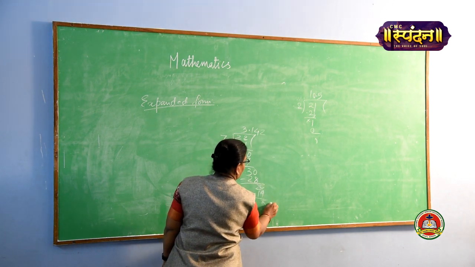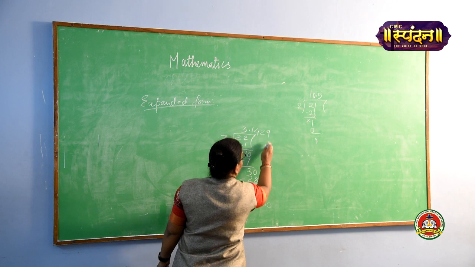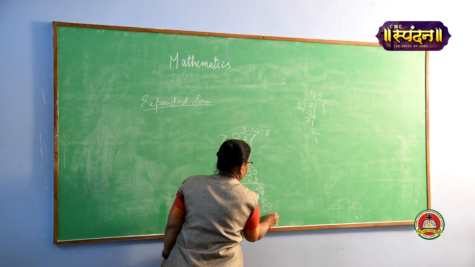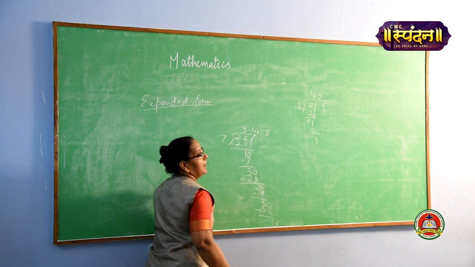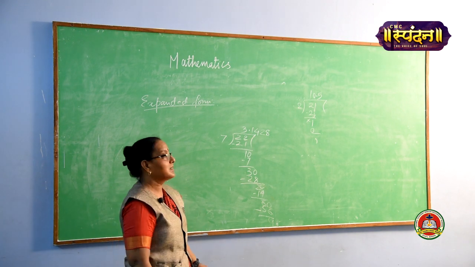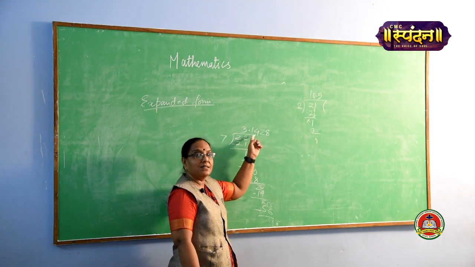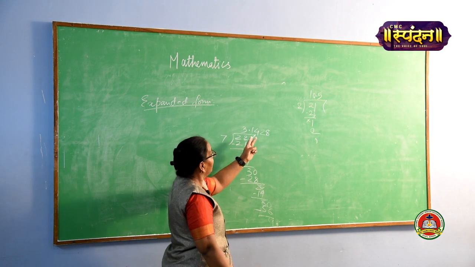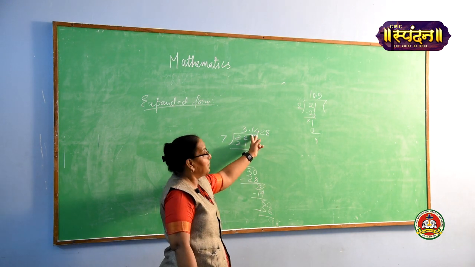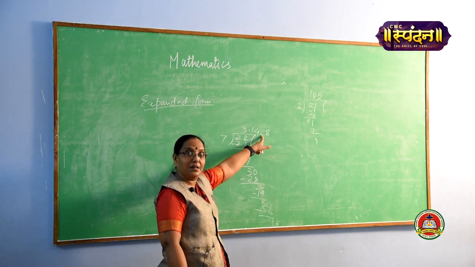This is 6, again 0, 7 8s are 56, and so on. Now see, if the question asks to divide and write the answer up to 2 places of the decimal, 2 places means 1 and 4, then you need to see the third place also.